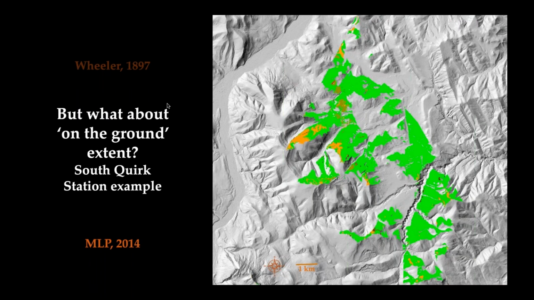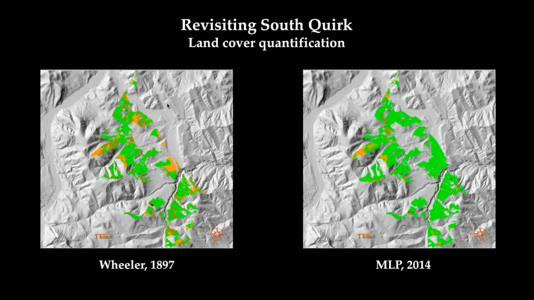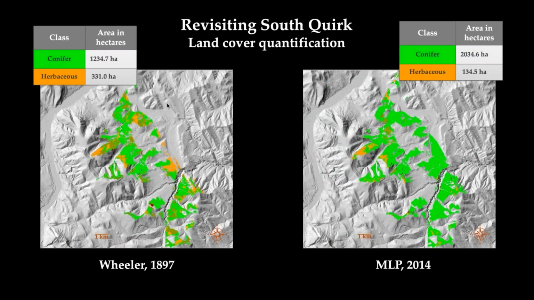And because we know that the digital elevation model that underlies this is a 2-meter DEM, so that's 2 meters by 2 meters per pixel, we can also calculate things like actual hectare cover.